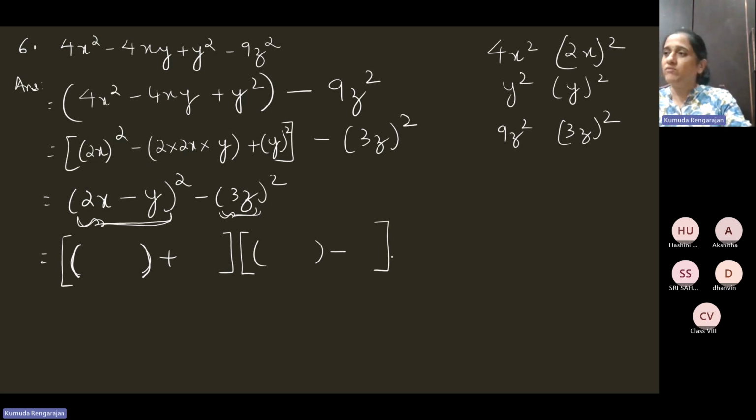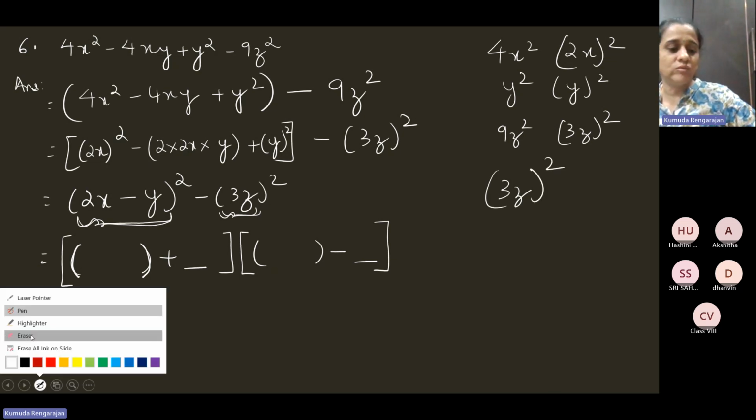Why am I not putting a bracket for b? I'll just put a dash here, because it's only one term. B is only 3z. It's okay if you put a bracket, nothing wrong if you put a bracket, but in the bracket there's only one term. So you normally don't use a bracket for one term, unless it has a power, like 3z whole square. Then you should put a bracket. Otherwise, for a single term, you don't have to use a bracket.